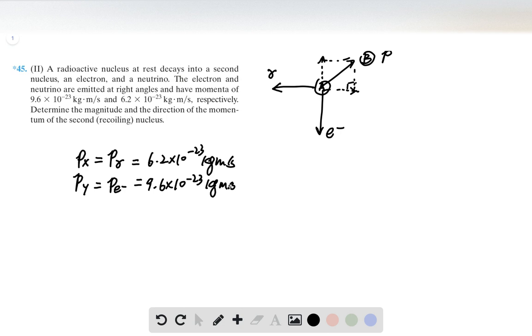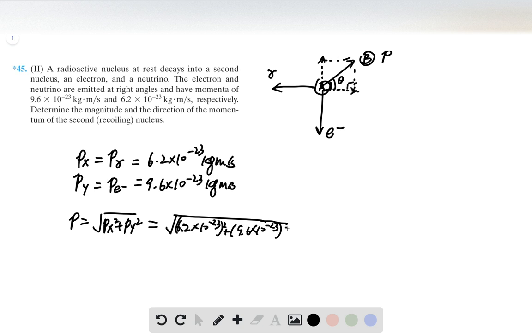Now we can find the total momentum. We need to find both the magnitude and the direction. For direction, we can call this angle theta, and we can quantify the direction by finding this theta. So the magnitude P equals the square root of px squared plus py squared, which equals the square root of (6.2 times 10 to the negative 23) squared plus (9.6 times 10 to the negative 23) squared kilogram meters per second.